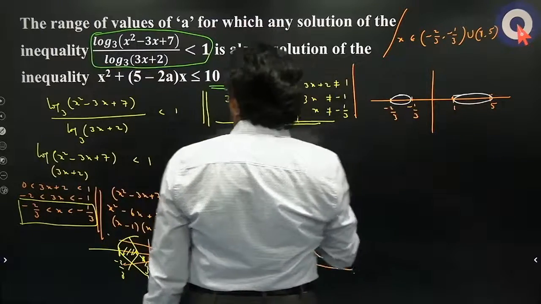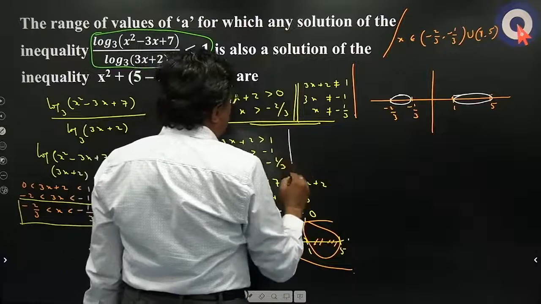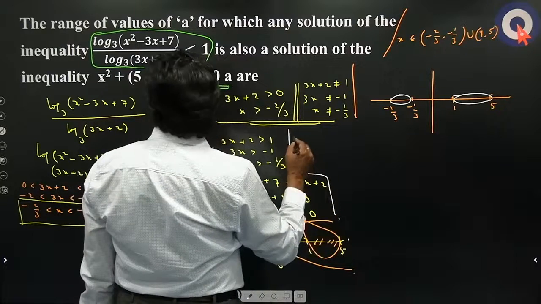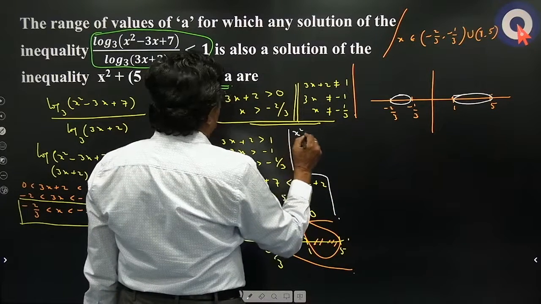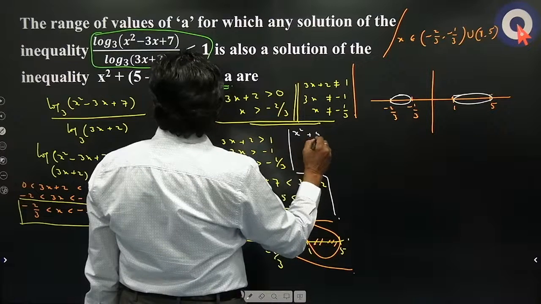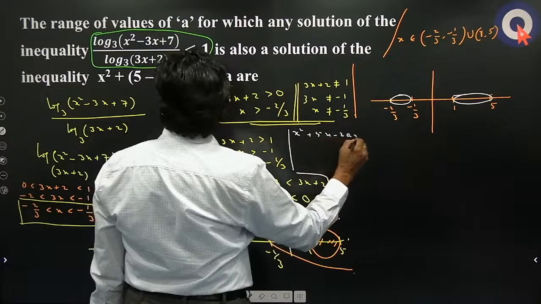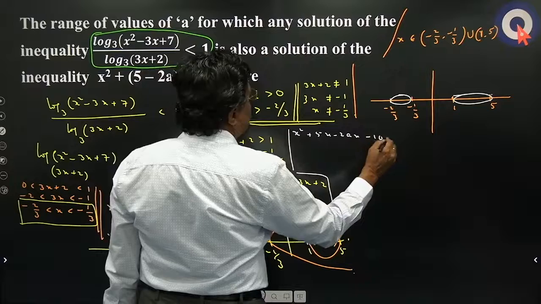Now let us talk about the second inequality. The second inequality that is given here is x square plus 5x minus 2ax minus 10a less than or equal to 0.